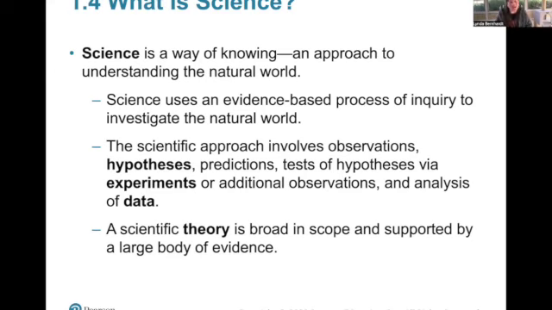Scientific theory is completely different. And this is the part that's going to tie into your in-class assignment. The word theory is so misconstrued on a regular basis. A scientific theory means that it has been proven so much that it is as close to fact as science is going to go.